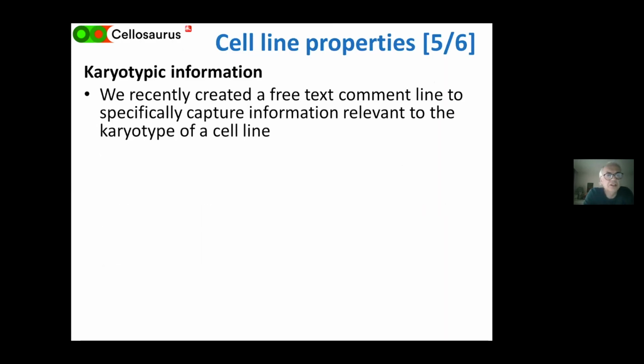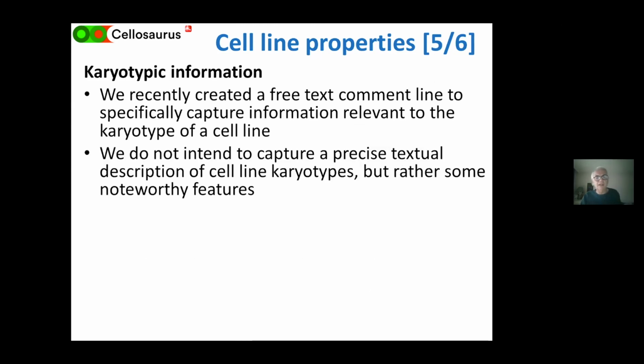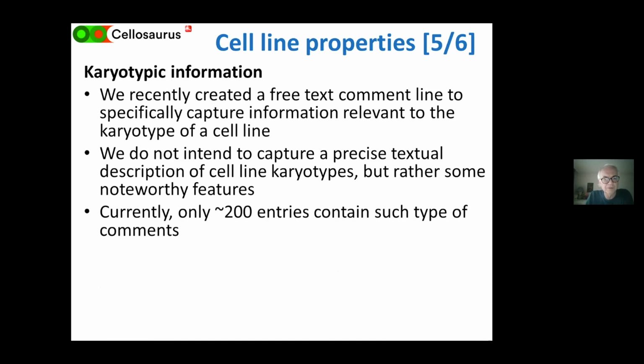Karyotypic information, this is something recent. This is not meant to capture a precise textual description of a cell line karyotype, but just some noteworthy features. So I'm not going to go into details there because it's more anecdotal.